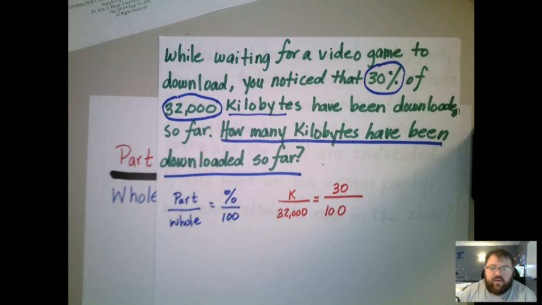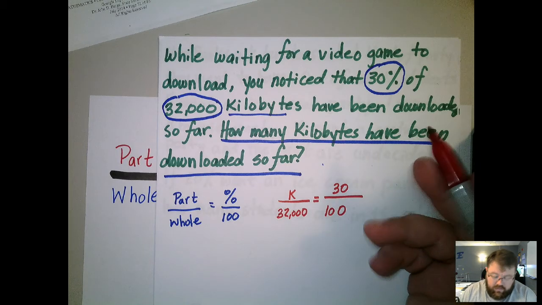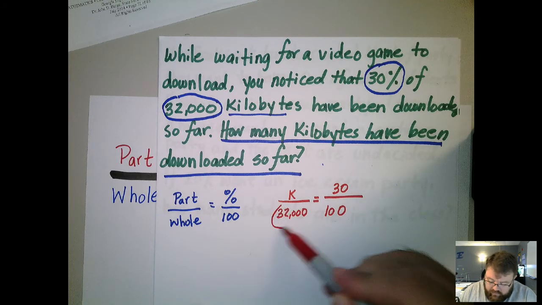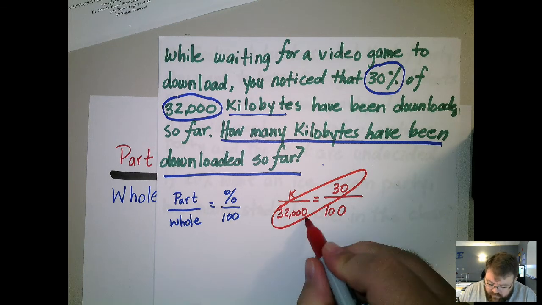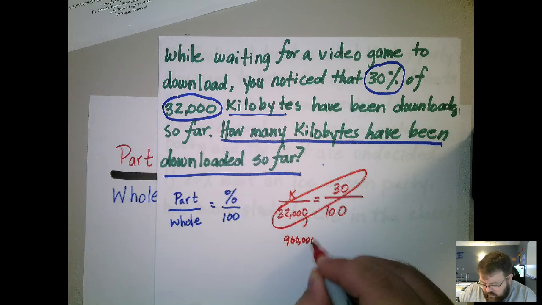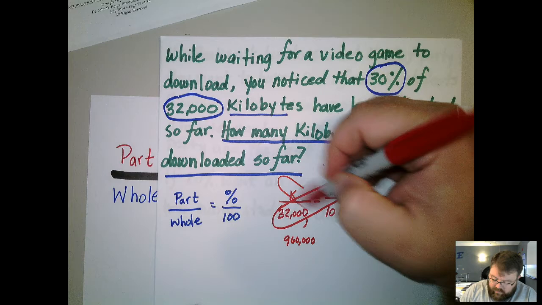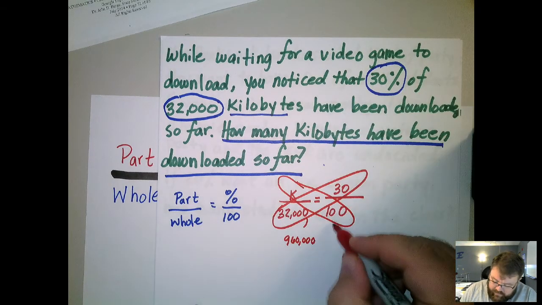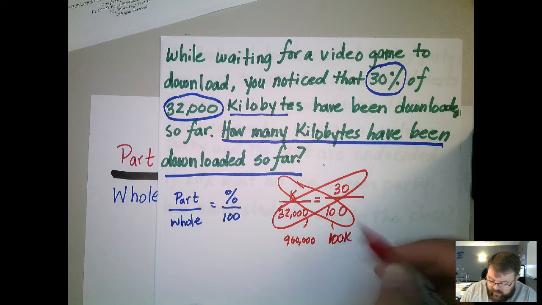All right, so now what I want to do is cross products. I got 32,000 times 30. That is going to be 960,000. Then I have K times 100, and that's going to be 100K.